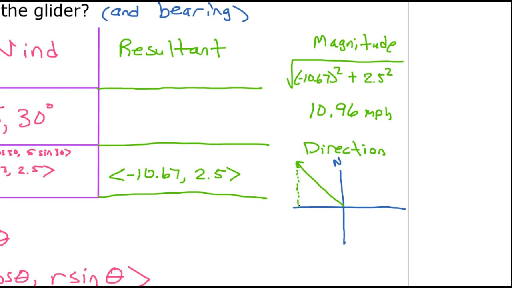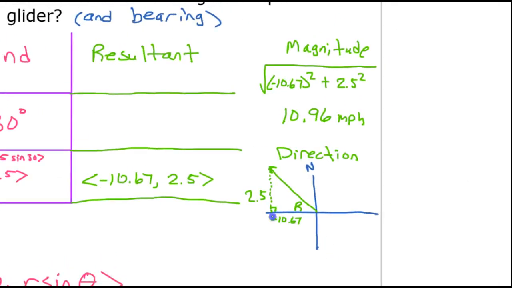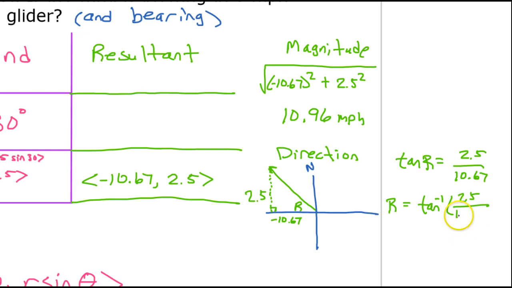If I make a little triangle out of the reference angle, this is left 10.67, so there's my 10.67, and it is up 2.5, and obviously my drawing is not to scale.